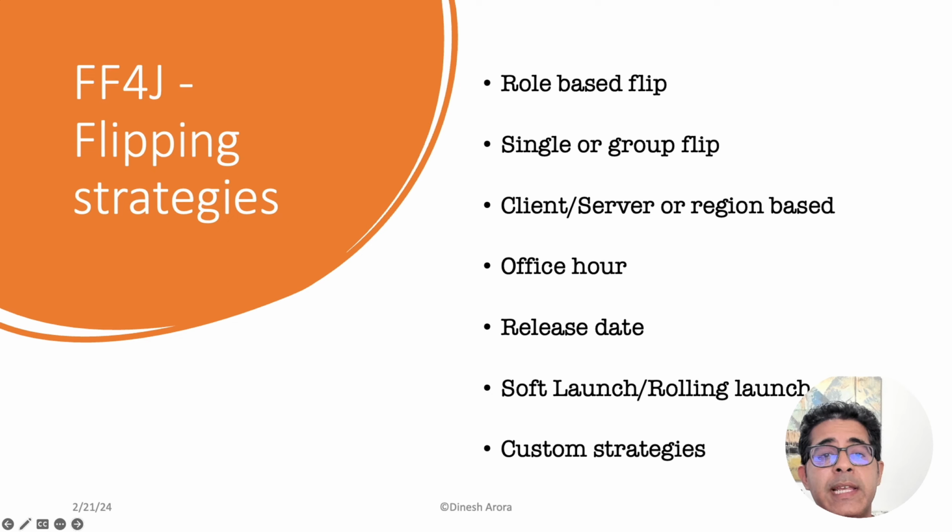You can do a release based feature rollout where you've deployed your code and you don't want to come back and look at it, you just want to automatically show it to your customers on January 1st or maybe 3 months down the line. You can do soft launch, rolling launch, as I've already explained, and you can also extend the flipping strategies from FF4J and create your own personal strategy.